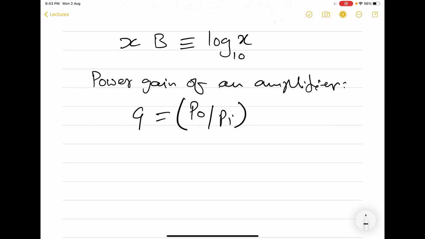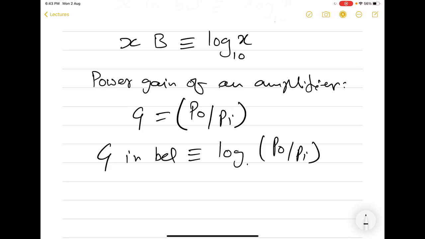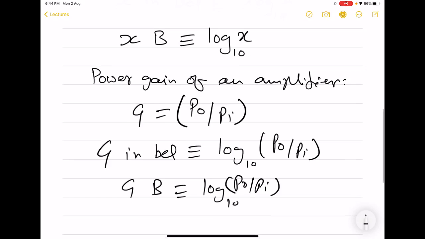Typically this will be a large number, say 10 or 20, or in some cases a few hundreds. So we would like to express this in Bell unit. So we say that G in Bell is found as log of PO by PI to base 10.